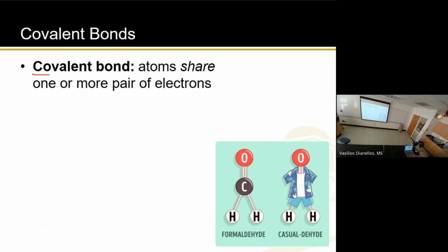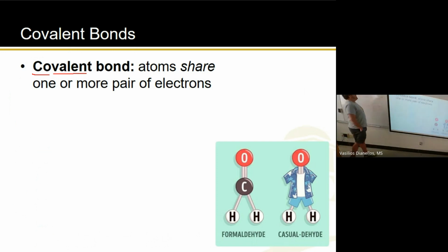And I don't remember if I told you this or not yet, but that outermost ring I was talking about is called a valence ring. So hopefully those two things can help you remember that a covalent bond is when the atoms are sharing electrons. Technically, sharing one or more pairs of electrons. If I were to ask you the definition of a covalent bond, I wouldn't be so tricky as to change this part, the one or more pairs, right? If you can remember that covalent bonds are where they share electrons, the other parts don't matter.